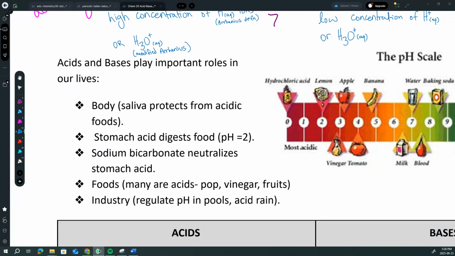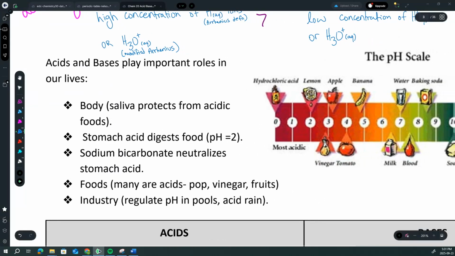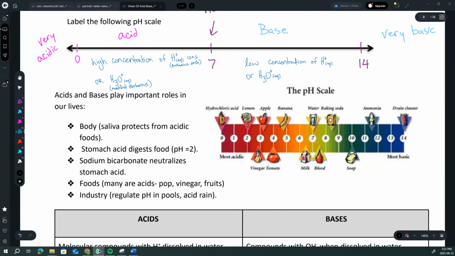For foods, there's a variety of different foods that can have a variety of different pHs. So, for example, pop, that would be more on the acidic side there. Okay, same with vinegar. It's going to be more on the acidic side.